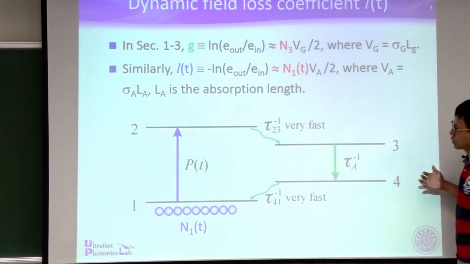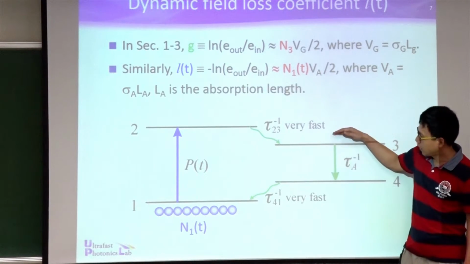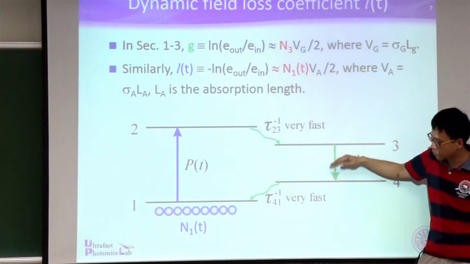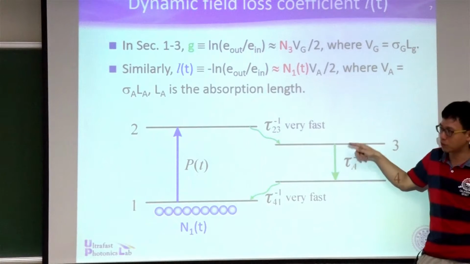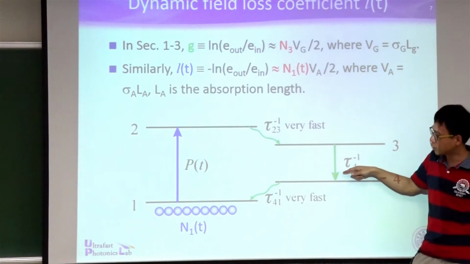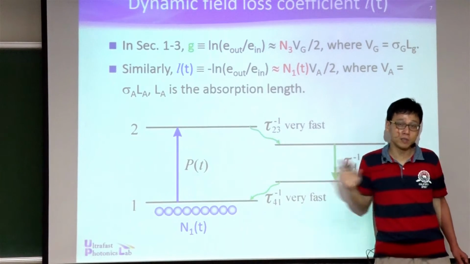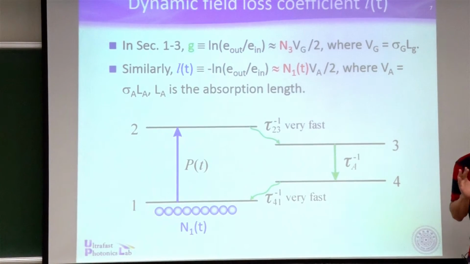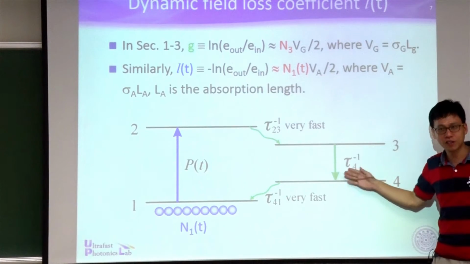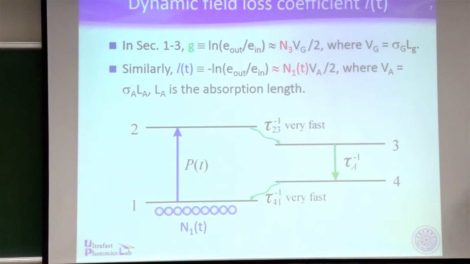Because of the fast relaxation, any electron dumped to level 4 from level 3 will be quickly dumped to level 1. So 1 in, 1 out immediately. So there is no rate of change on the population of N4. So you can eliminate N4 dot. Not eliminate N4 itself, but its time derivative.